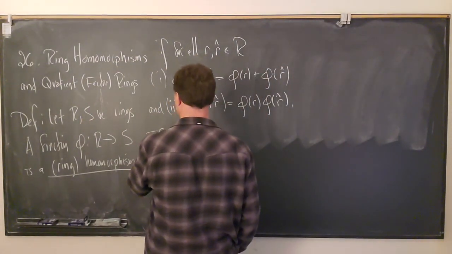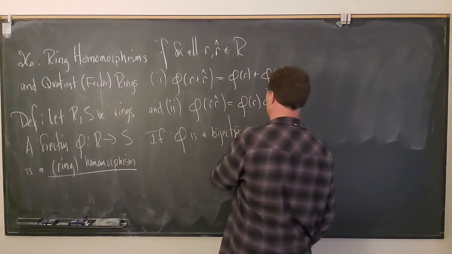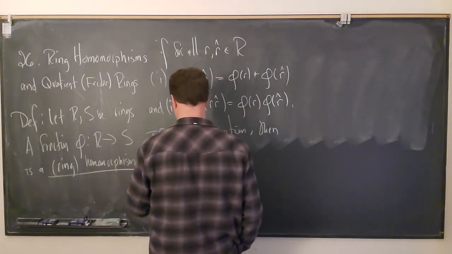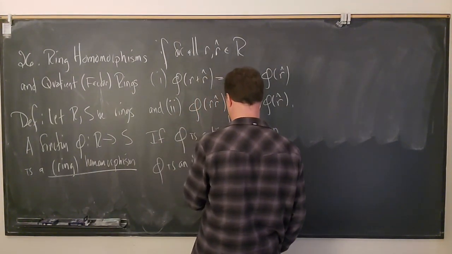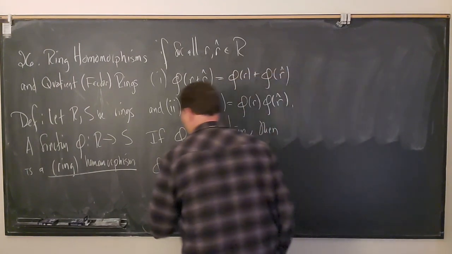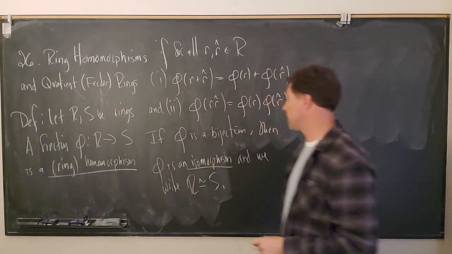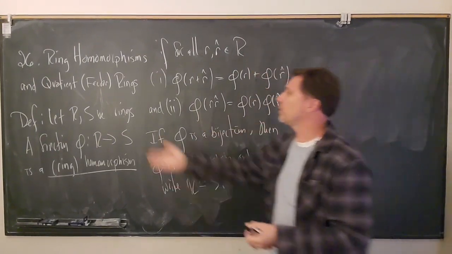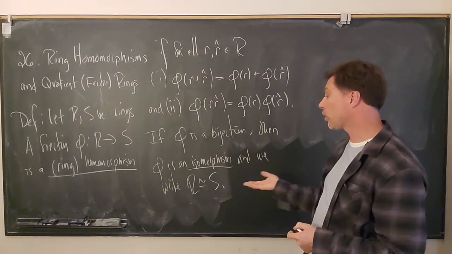So if phi is a bijection, then phi is an isomorphism, and in that case we write R isomorphic to S. So you've already seen this definition, but since we're in the homomorphism chapter, it makes sense to have this down and just remind everybody this is what we mean by a homomorphism and an isomorphism.